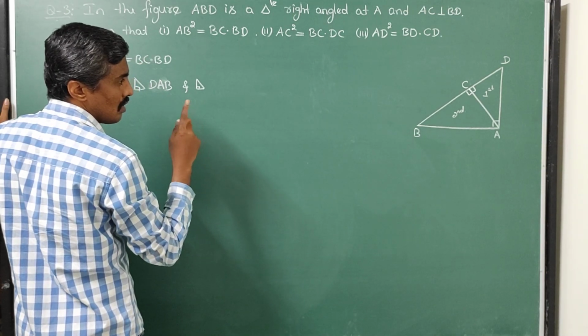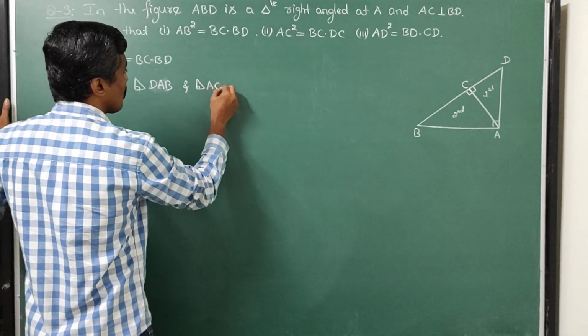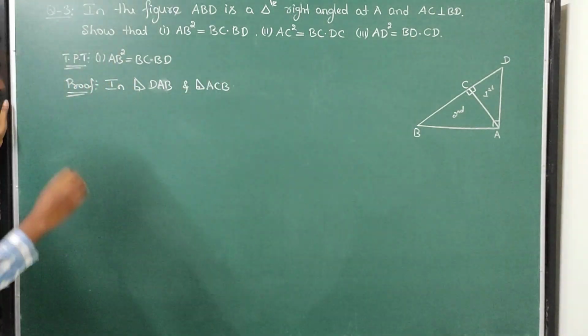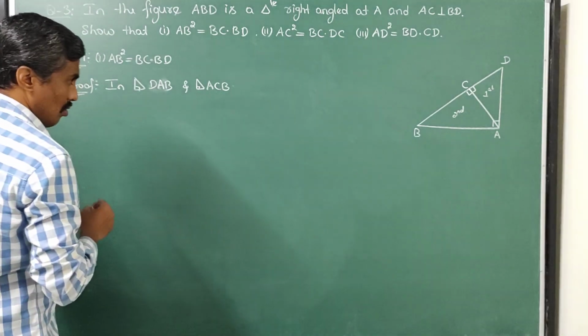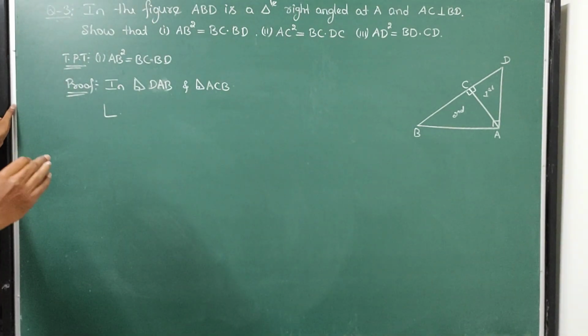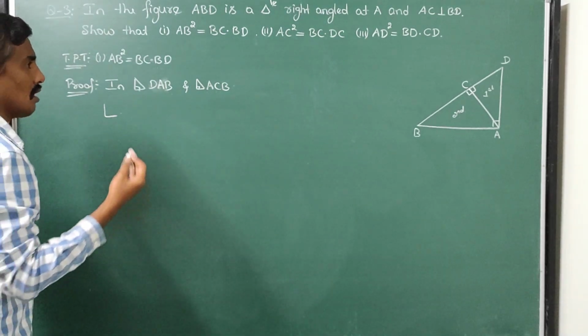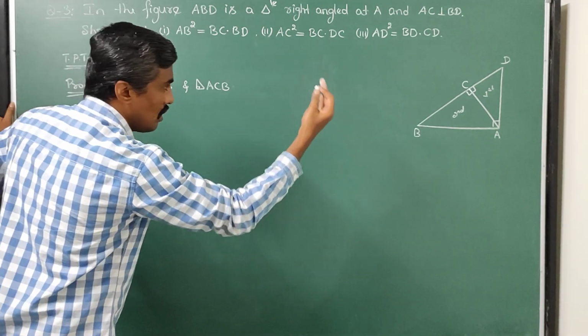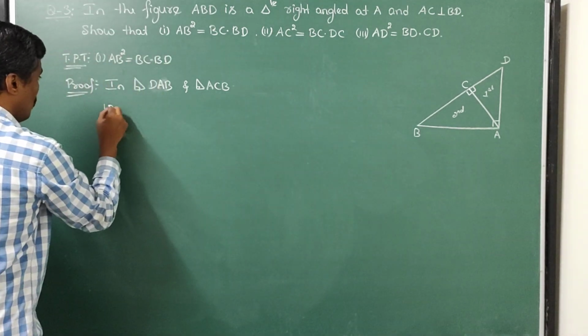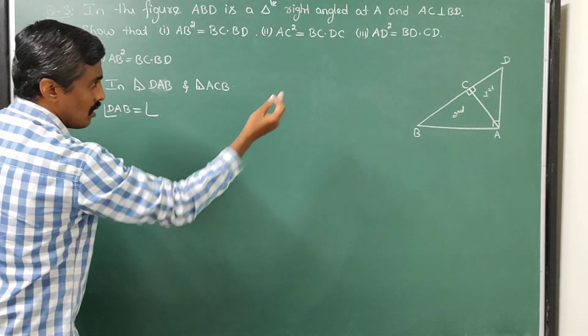Right angle is C, correct? So I will start ACB. Now prove that they are similar by the AAA similarity criteria. First is the right angle: angle DAB is equal to angle ACB.